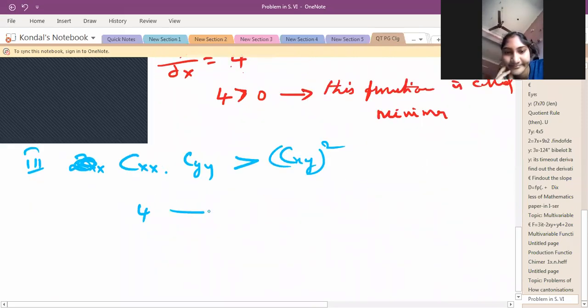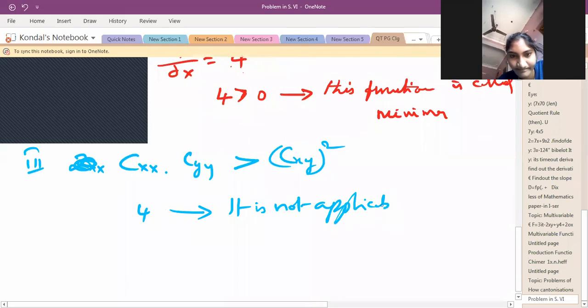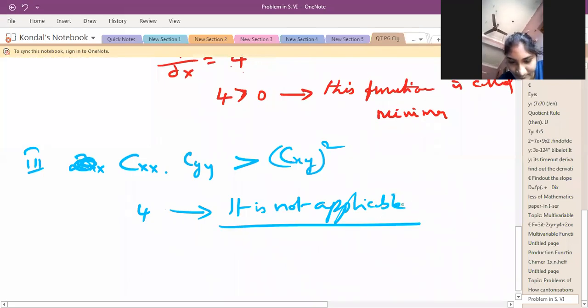Simply we can say NA, not applicable. Likewise, we cannot get CYX either, right? Therefore the third order is not applicable to this problem.